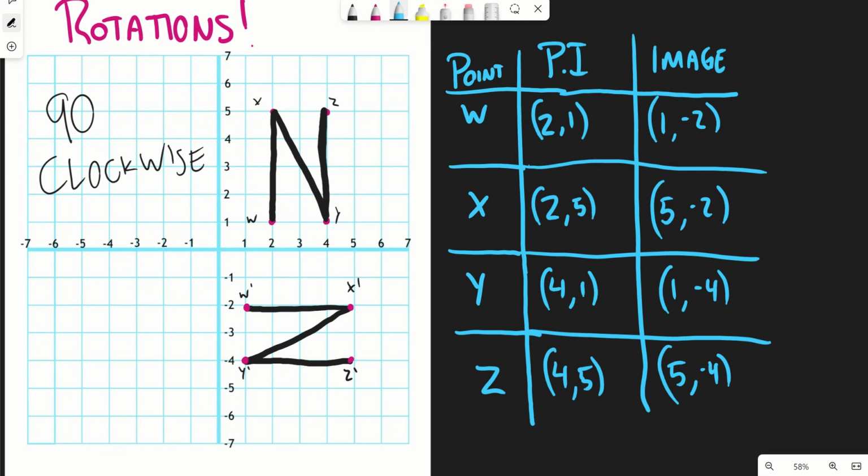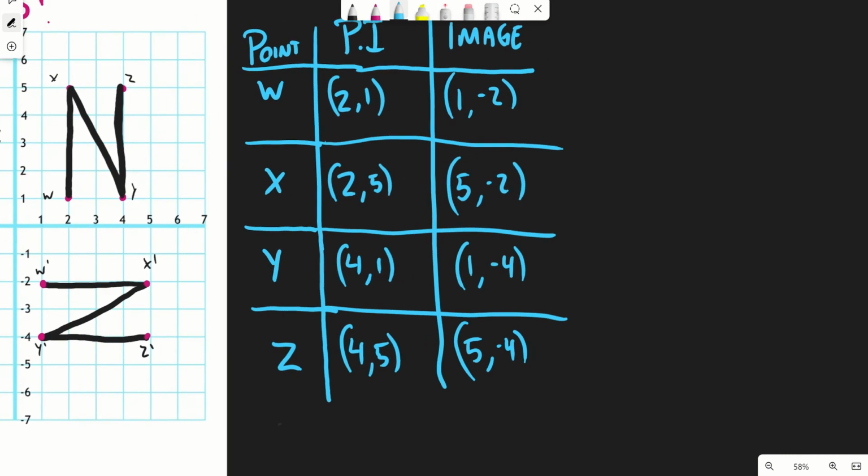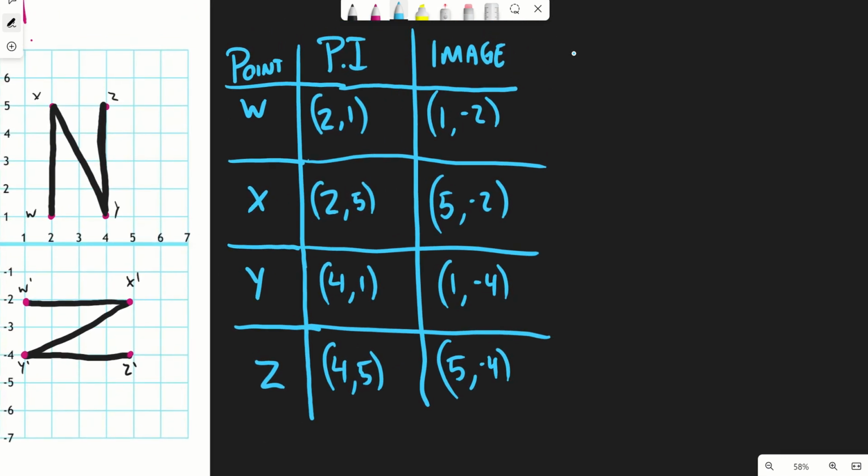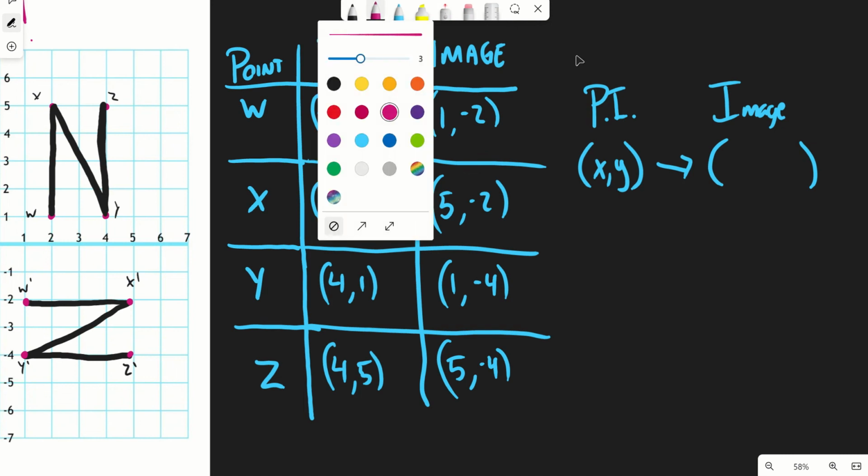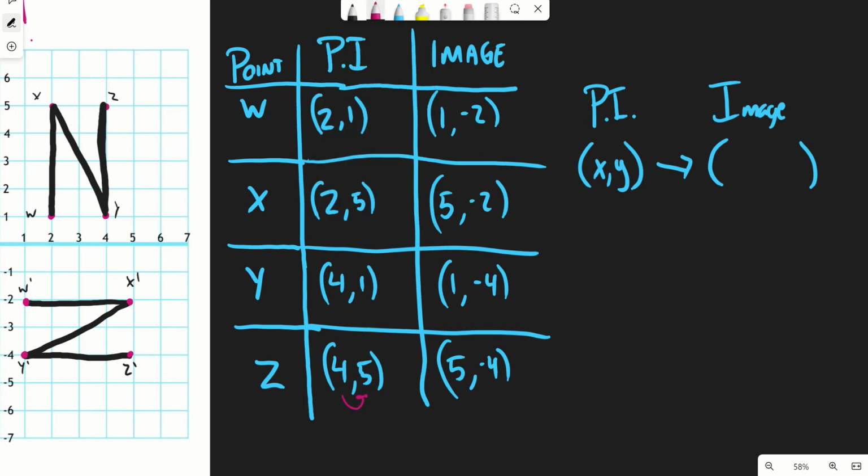Now, if you were to look at these points, like we did yesterday, what's a rule we can make to get from my pre-image of a point XY to my image? And what point would that be? Well, if I look, my values all swapped. So if you look here, 4 and 5 swapped. 4 and 1 swapped.